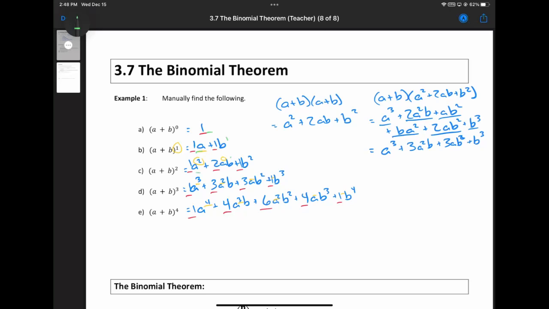No b's, 1b, 2b's. No b's, 1b, 2b's, 3b's. None, 1, 2, 3, 4. And that's the pattern that we want to use to come up with the expansion of any binomial to any exponent. If we know Pascal's triangle and we can count up to the exponent, we can write this thing out.